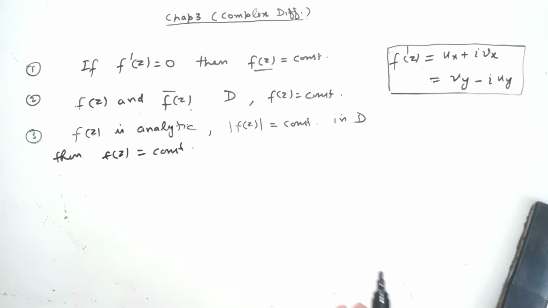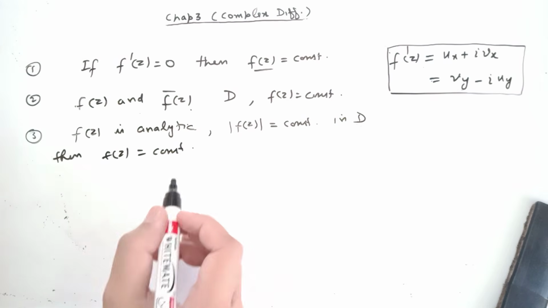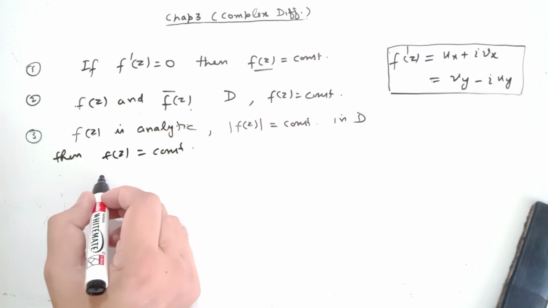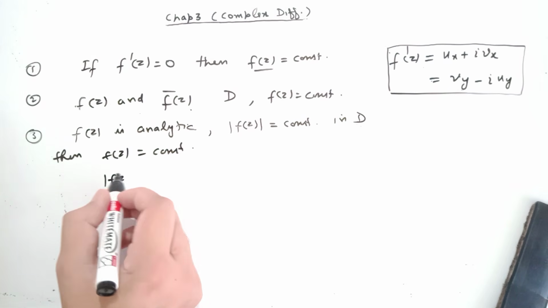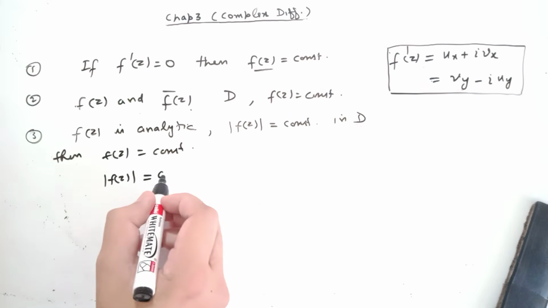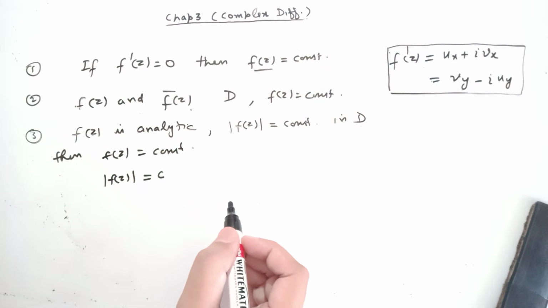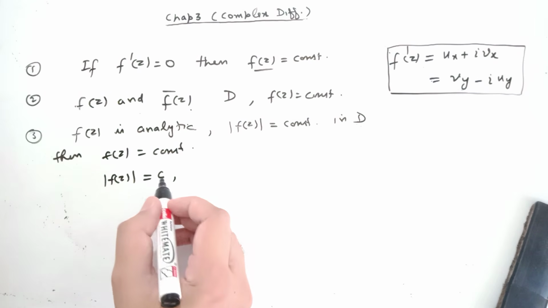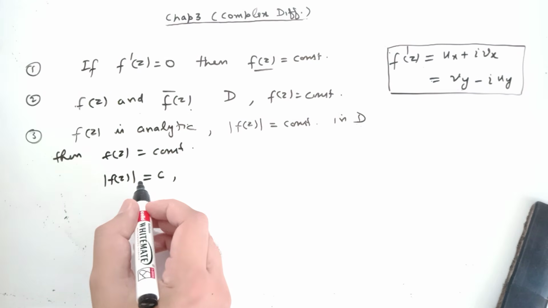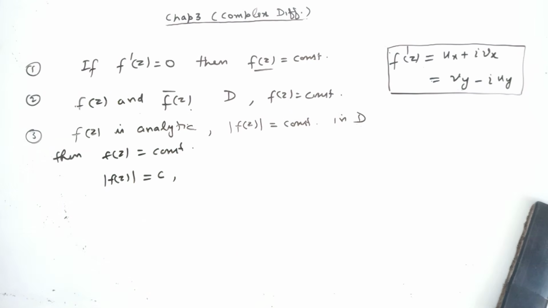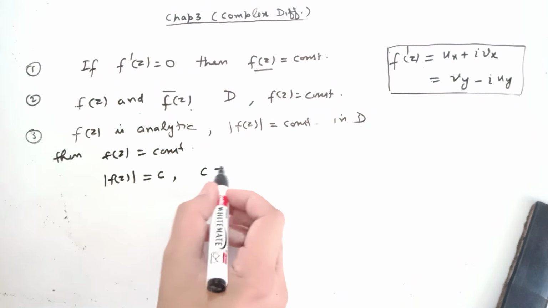How can we show this? It is given that mod f(z) is constant. Say mod f(z) equal to c, a constant, for all points in D. If c is 0, then of course f(z) is 0 for all z in D, and it is constant. So assume that c is non-zero.